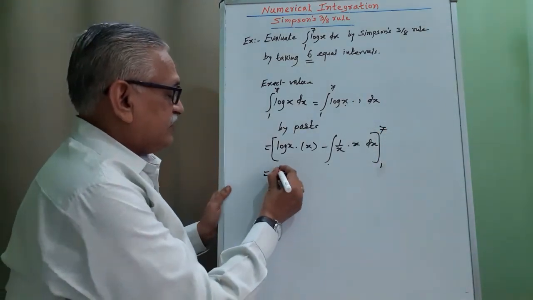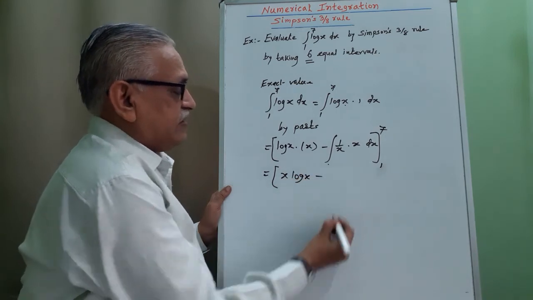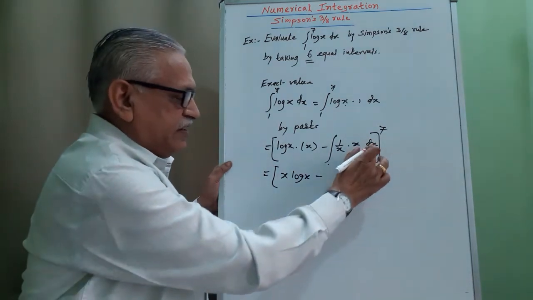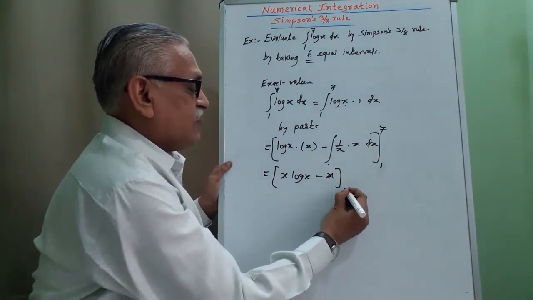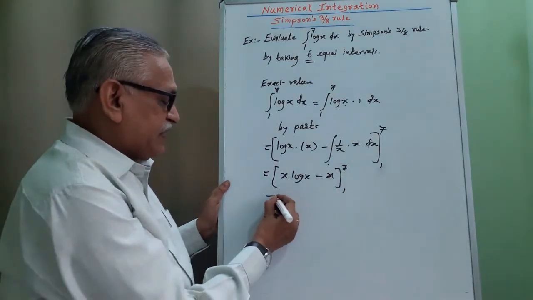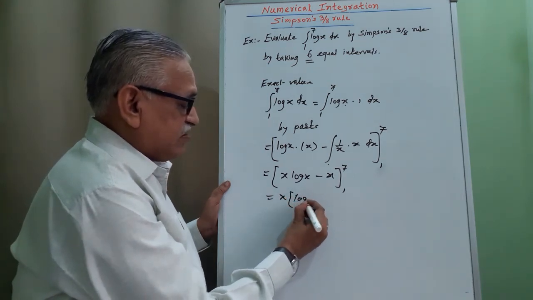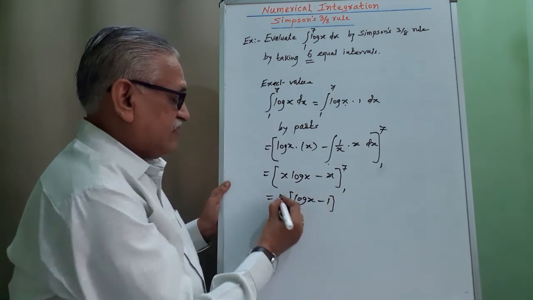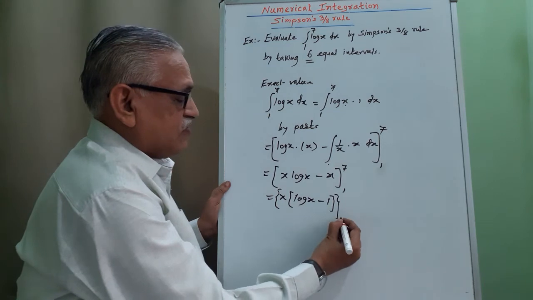Then it is x log x as it is, no change, minus x cancels, integration of dx is x, with limits from 1 to 7. I can simplify it further by taking x common. Therefore, the remaining terms are log x minus 1, with limits from 1 to 7.